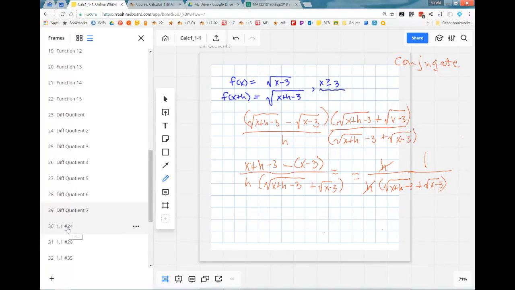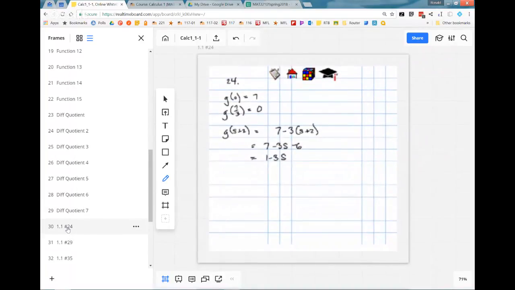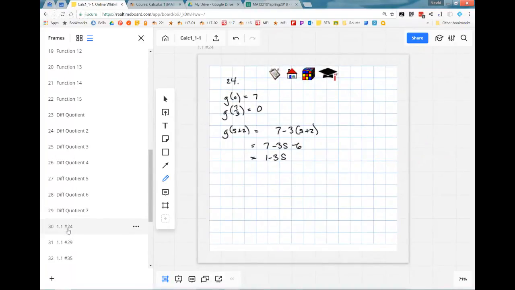All right, so that's basically the task. Here's a sample problem from the assignment at the end of 1-1 where they ask you to do some substitution.